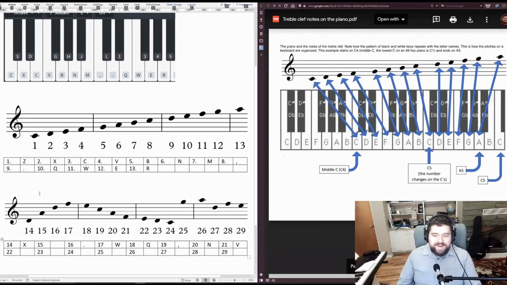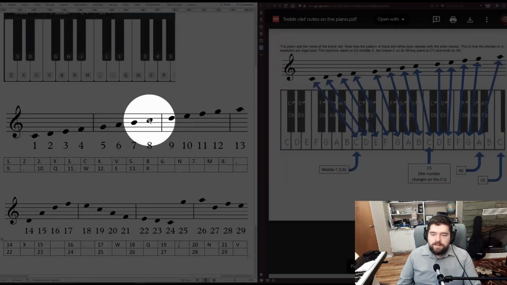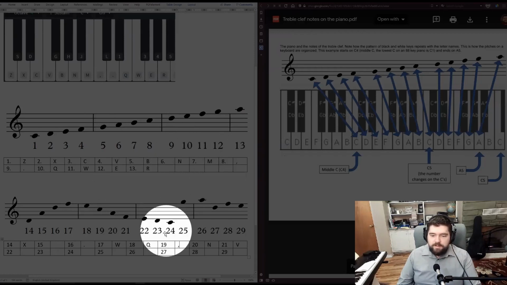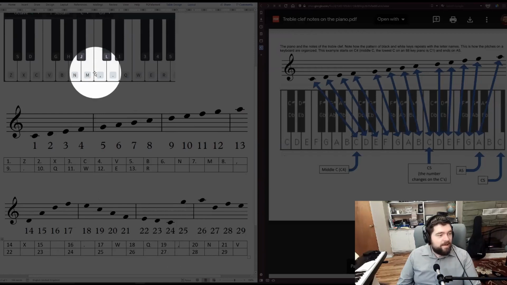Now, if you guys need to, you can use what you created right here on numbers 1 through 13 to help you out with the rest of these. So number 8 is that same note as number 19, right? And so number 8 was the comma. Number 19 should be the comma. It's that C, the higher C.